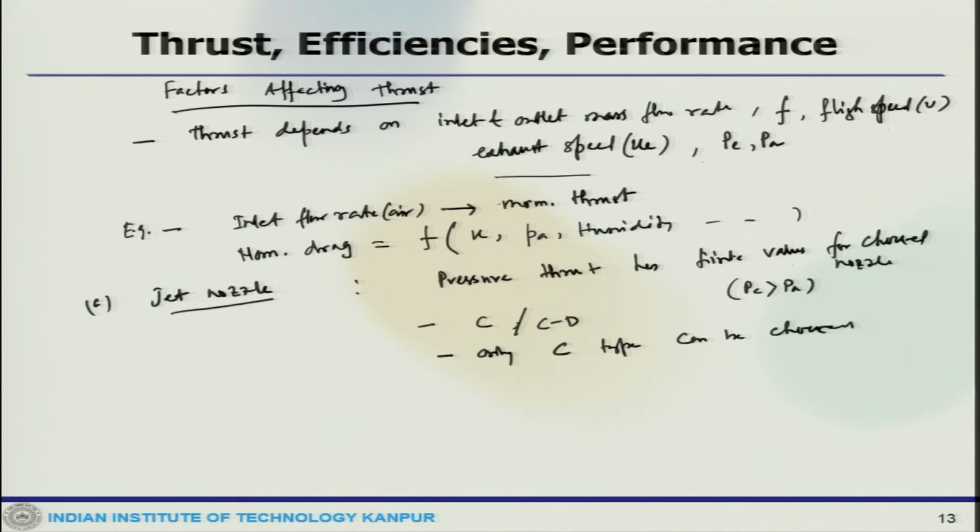For a choked convergent nozzle, the pressure thrust depends on both the area of the exhaust nozzle and the difference between the exit and ambient pressure. Further, the exhaust speed is equal to the sonic speed, which is mainly influenced by the exhaust gas temperature.